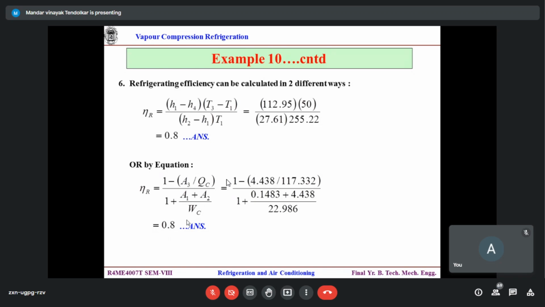So whatever is the COP of your VCC, that indicates 80% of the performance of the corresponding Carnot refrigerator. If you could operate a Carnot refrigerator between the two temperature limits, 80% of that performance will be given by this VCC. So this is how you compare the Carnot cycle and the VCC.